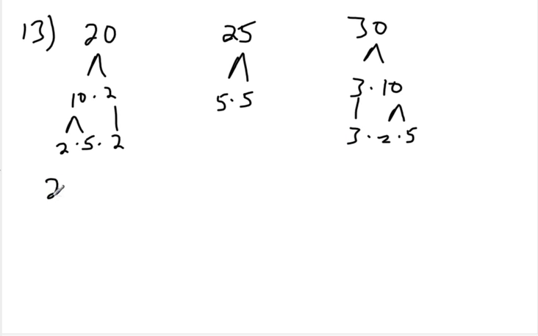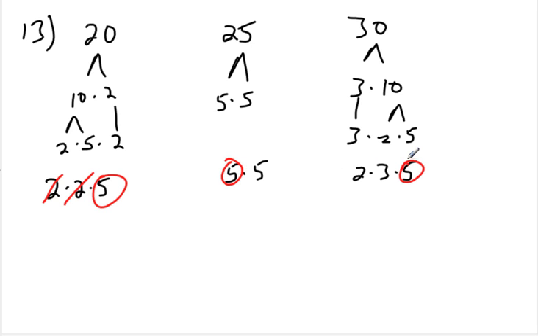So if we put these in order from least to greatest, they do not each have a 2, so we're not going to use that or that. They do each have a 5, and since we've run out of numbers for this one, 5 must be the answer. GCF equals 5.